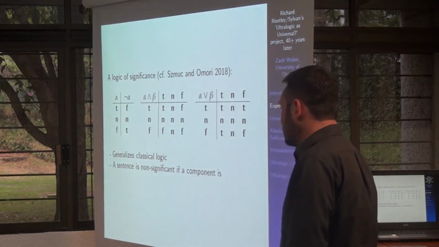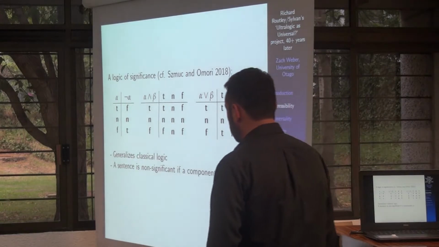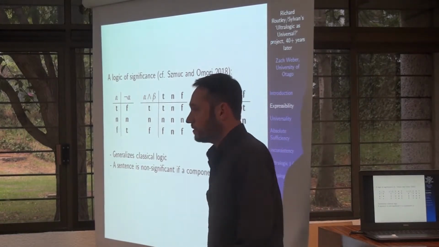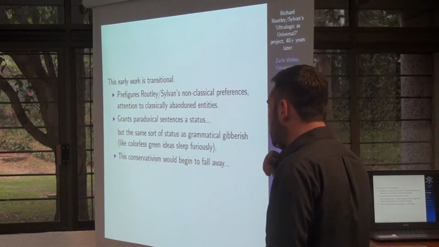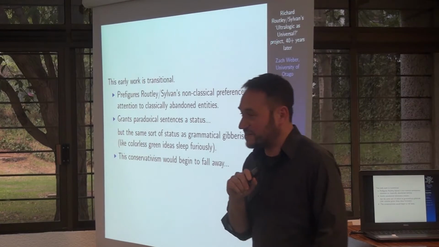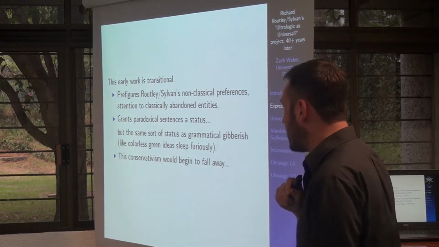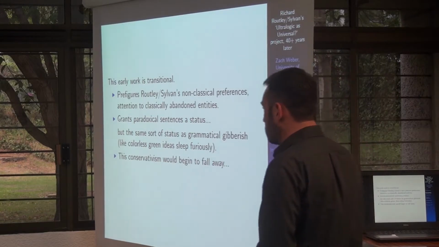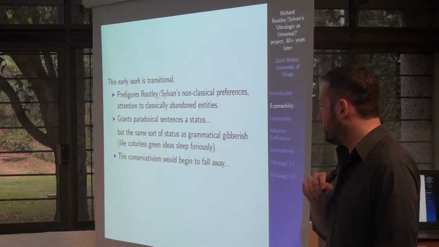And a sentence is infectious in the sense that a sentence becomes non-significant if it has a non-significant component. So that's the early Routley working with Goddard. It's transitional work. It prefigures his non-classical preferences, his attention to classically abandoned entities, and grants paradoxical sentences a status. But it's the same sort of status you might just give basically grammatical gibberish.